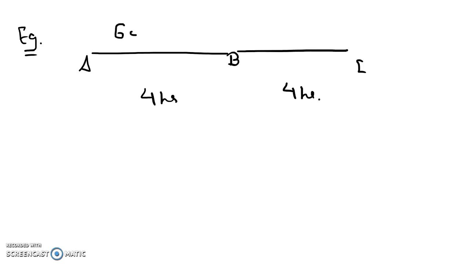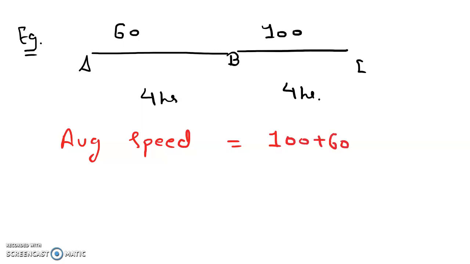This is with a speed of 60, and this is with a speed of 100. What is his average speed? Give the answer in 30 seconds. Just the arithmetic mean of 60 and 100: 160 by 2, that is 80 kmph.